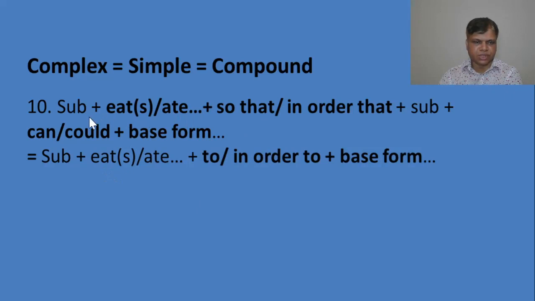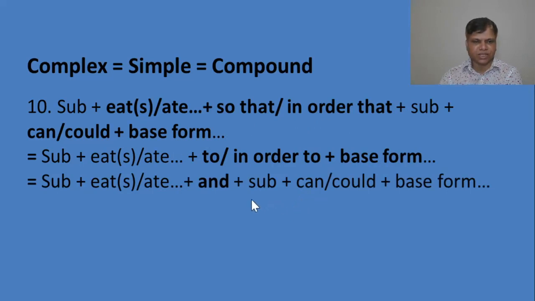We have to use the first clause, that is the independent clause and rest of the sentence, and instead of so that or in order that, we have to use to or in order to, then we have to use the base form of the dependent clause. Then it will be a simple sentence.